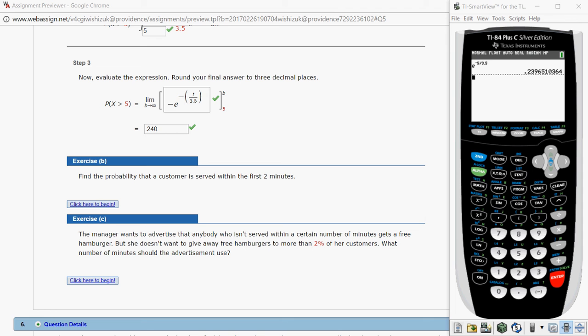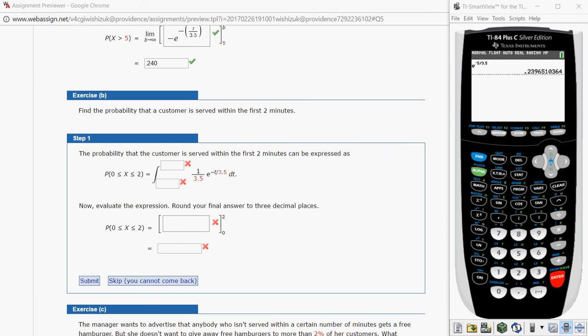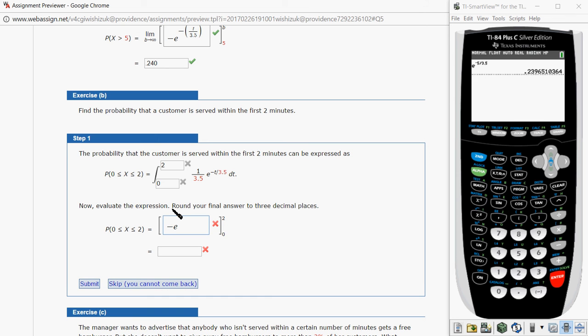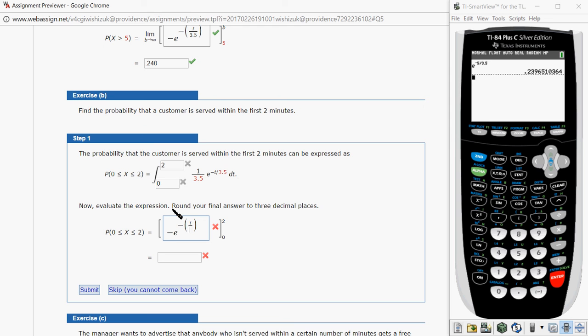Let's go on to part B. Now we're talking about the first 2 minutes, so obviously it's from 0 to 2. That part is not very difficult. We need the antiderivative, which is exactly the same as before because the density function is the same: negative e to the negative t over 3.5.